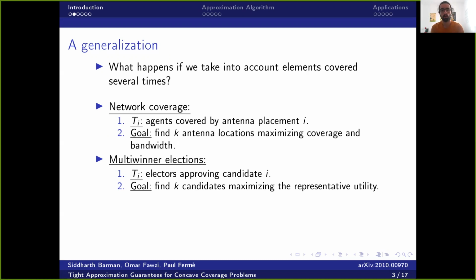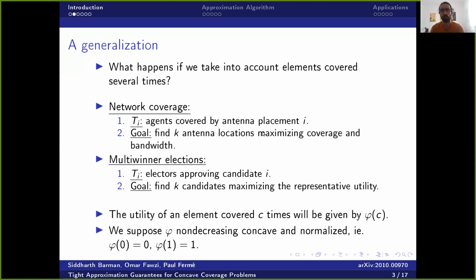In this setting, voters can vote for several candidates, and the goal is to find k candidates that best represent the population. And so for this, you want to take into account that you cover most people, but also the fact that if more persons have voted for some particular candidates, they must have more chance to be chosen. So both of these applications can be studied in that way.